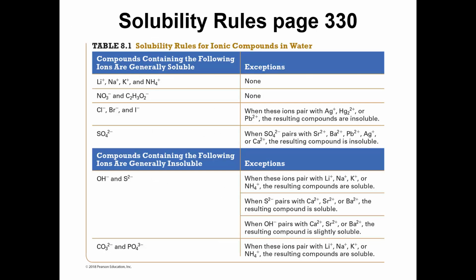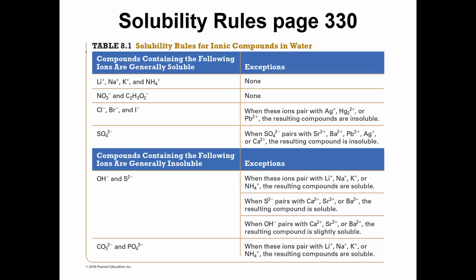Here's a nice little table with exactly those rules summarized. This is what you have in the book. I recommend that's what you look at to do the next few pages. So here we are again, sodium, potassium, lithium, and ammonium, always soluble, no exceptions. Nitrates and acetates, no exceptions. Here are the halides, right? There's that rule.